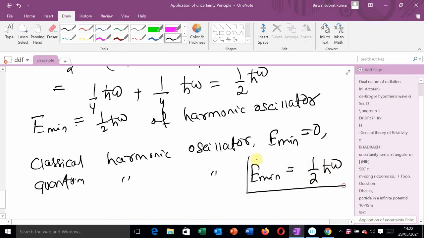So using the uncertainty principle, we have proved that E minimum is half h cross omega. This is the basic difference between a quantum oscillator and a classical oscillator.